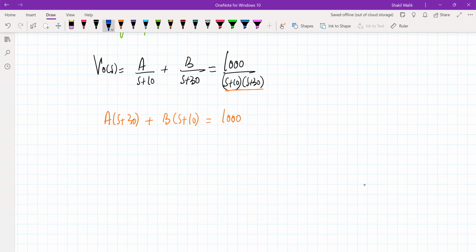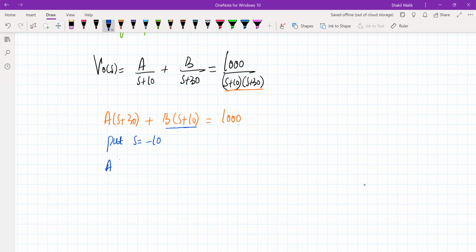So to get the value of a and b, we'll make one term go equal to 0. To make this term go to 0, we'll put s equal to minus 10.